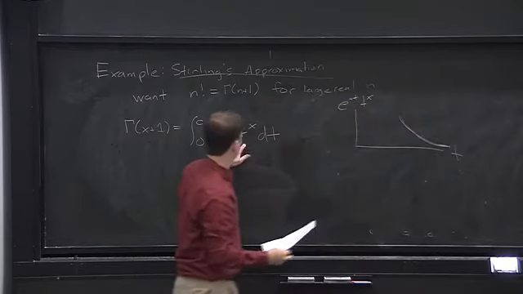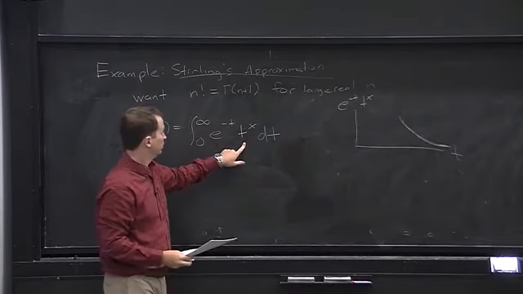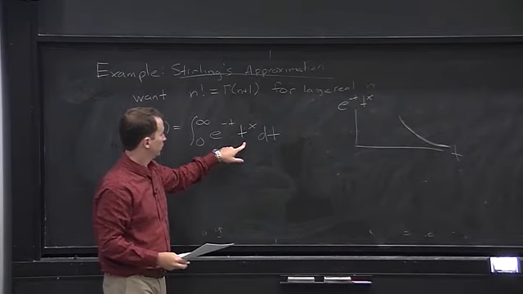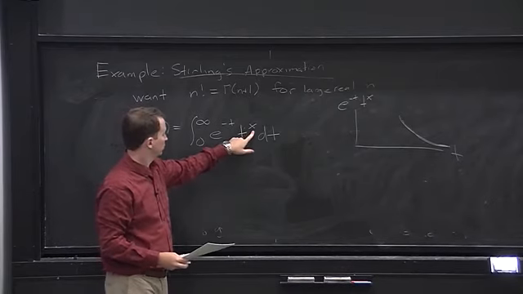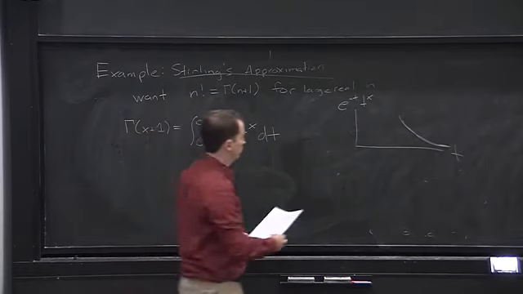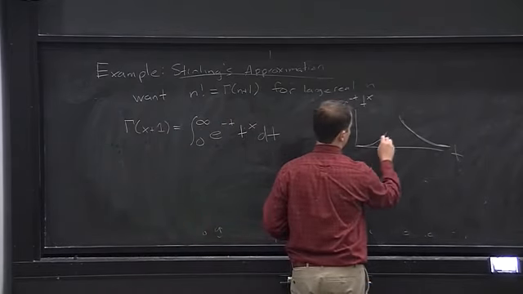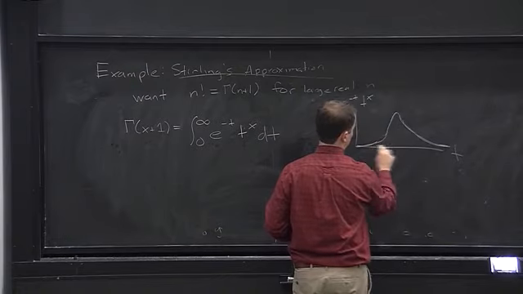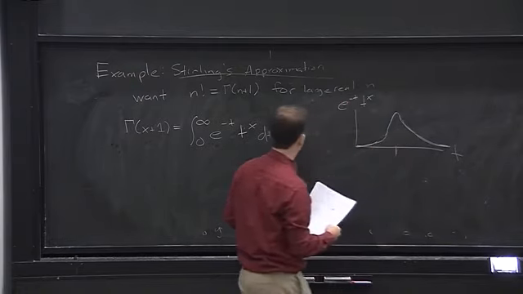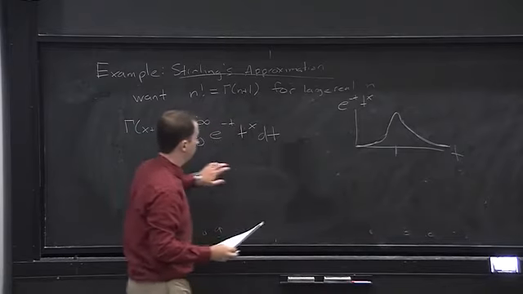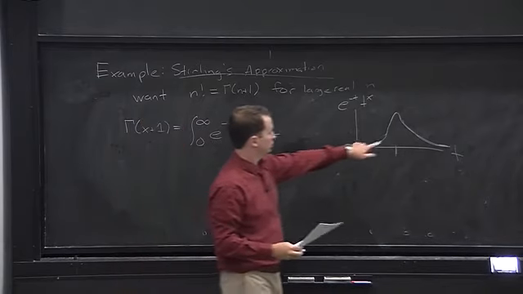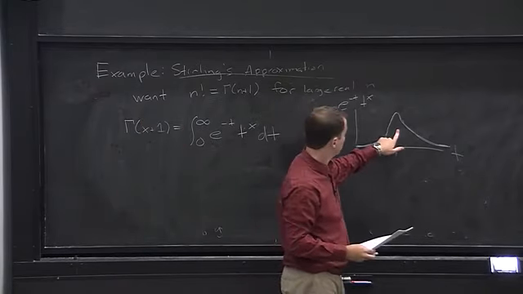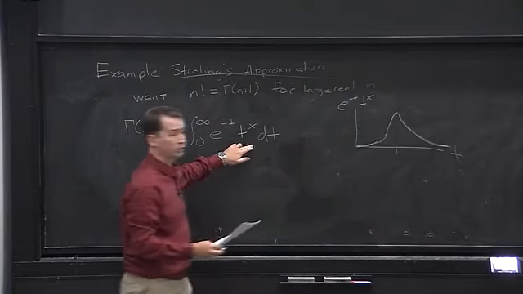It also goes to 0 very rapidly for t small, because x is large. So it goes to 0 also very rapidly as t goes to 0. And so the integral is highly peaked and becomes more and more peaked around some value as x goes to infinity.